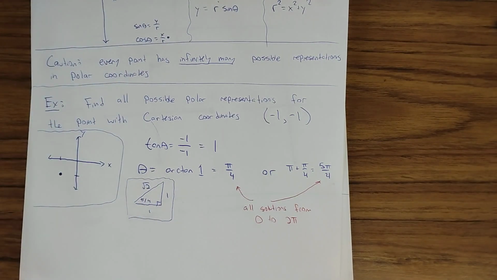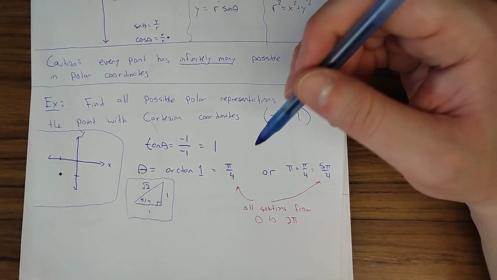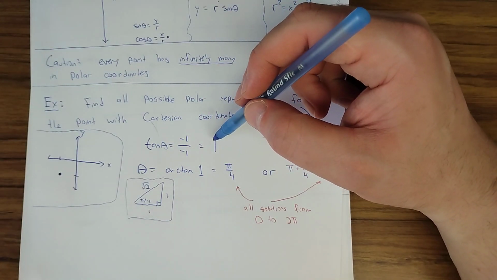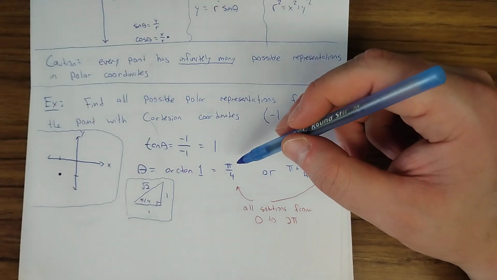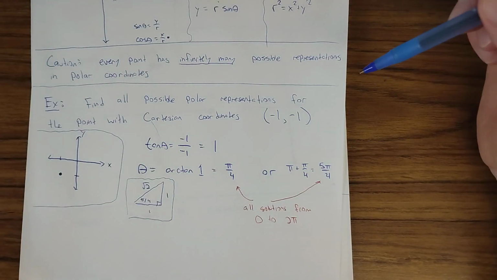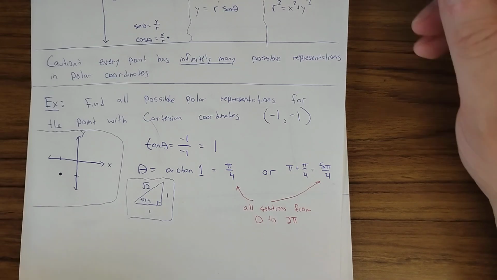So these are all solutions from 0 to 2 pi. And then, actually, before I get ahead of myself, these are just solutions to this equation. And we need to be careful as we do this, because one of these actually fits the picture and the other does not, because we have to focus on what quadrant it's in.